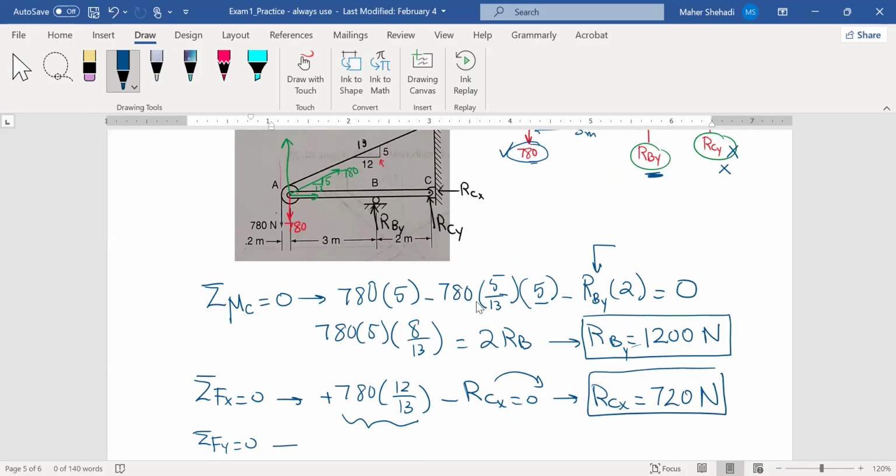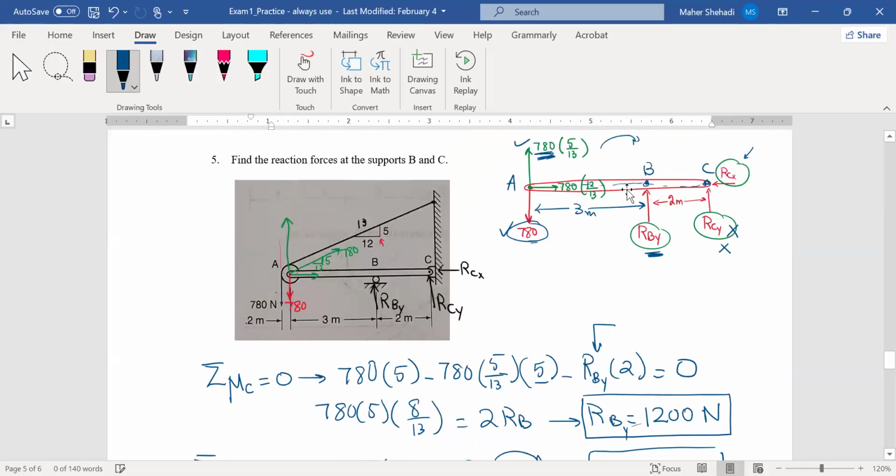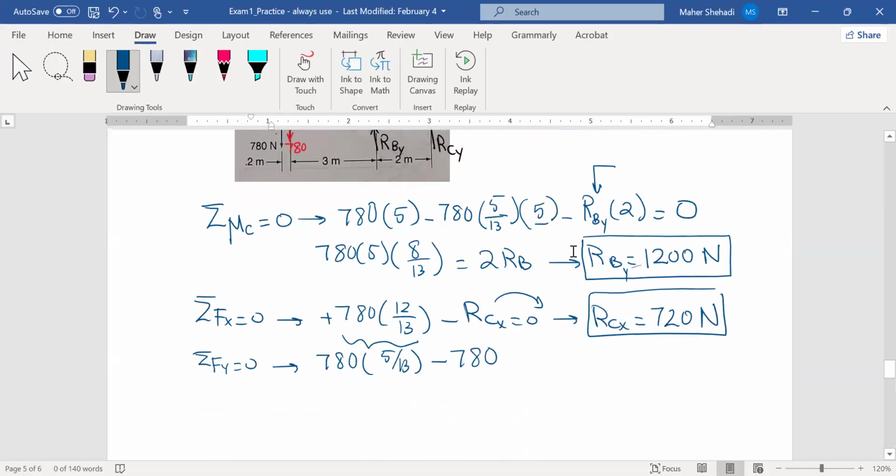And if you do the Y, I have 780 times 5 over 13 going up, minus 780, that's the red one. So that's up. This one is down. That's another place where you can save time. If you find the resultant of those two, that's 13 here, 13 minus 780 plus RBY plus RCY equals to 0.